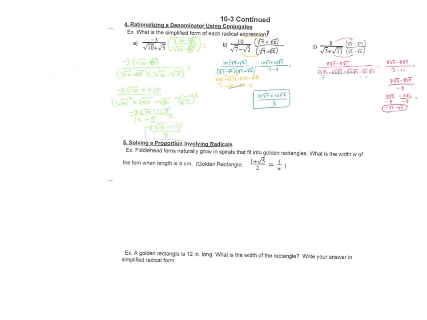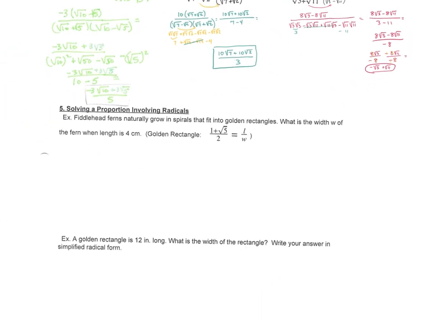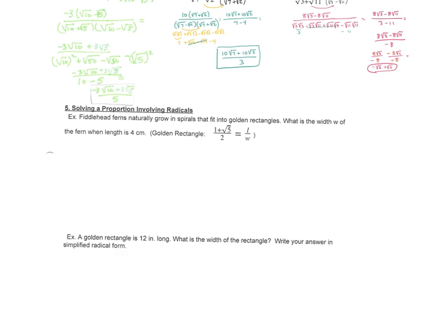And using the word problem here, goodness, solving a proportion involving radicals. Okay, well, we have this fern that naturally grows in spirals that fit into golden rectangles with a width W of the fern, and the length is 4 centimeters.